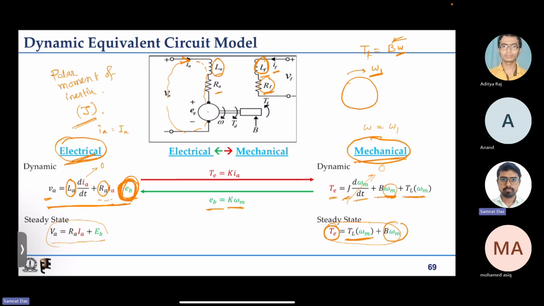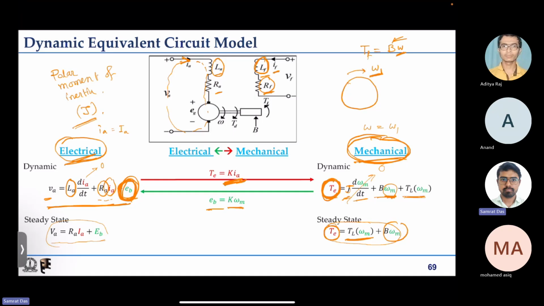And similarly, for this mechanical equation, Te, torque, is a mechanical thing. J is a mechanical parameter, B is a mechanical parameter, TL is the mechanical load torque. But the electromagnetic torque is scaled by the armature current, by some K. So IA is the variable in the electrical circuit.